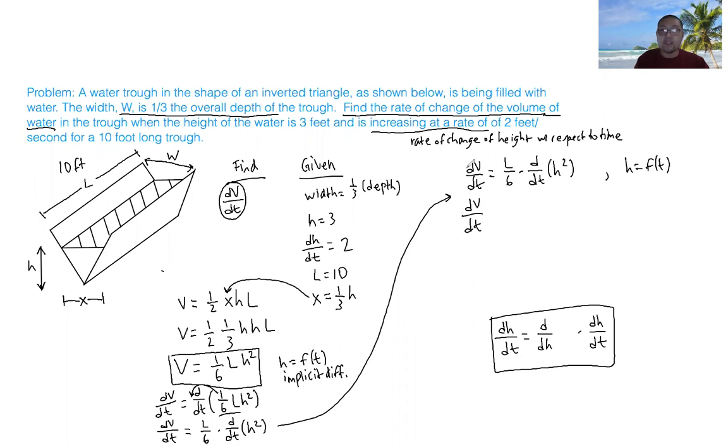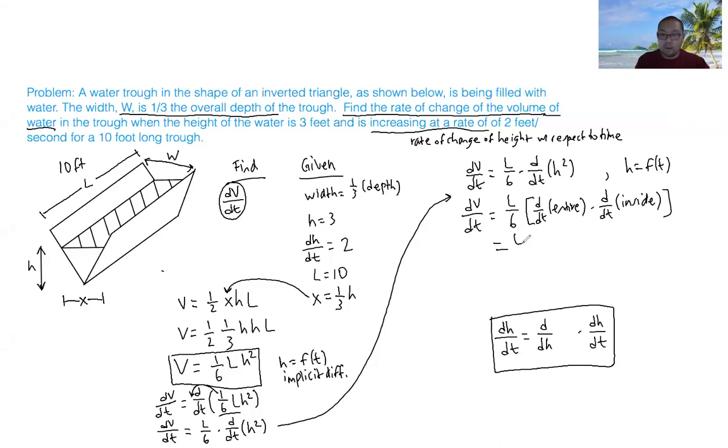dV over dt, that stays the same, is equal to your constants, L over 6. Here is the chain rule where we're going to do the derivative of the entire thing in terms of h, multiplied by the derivative of just the inside.